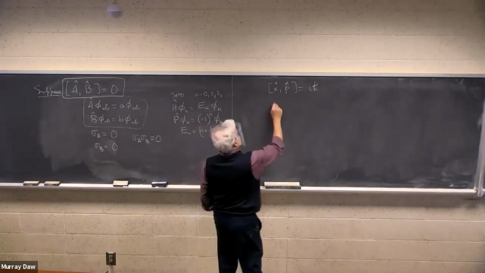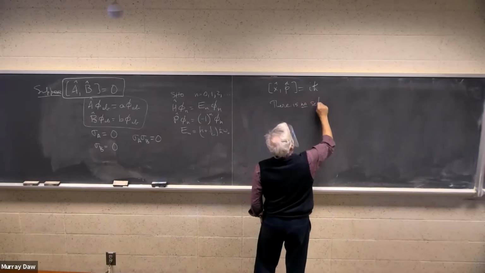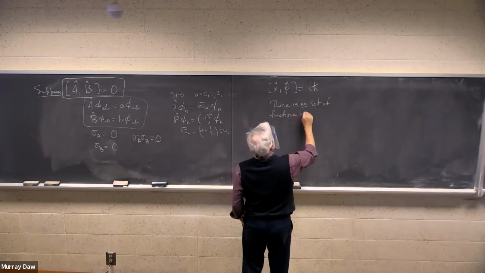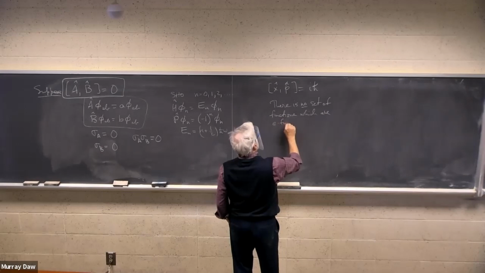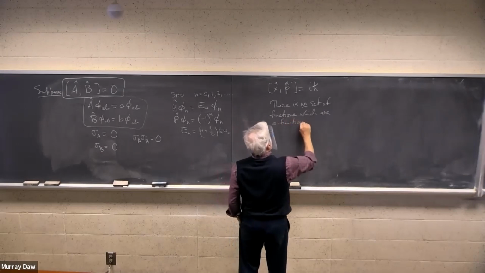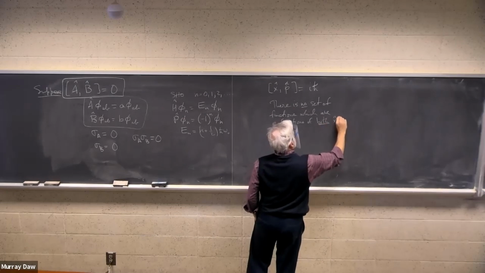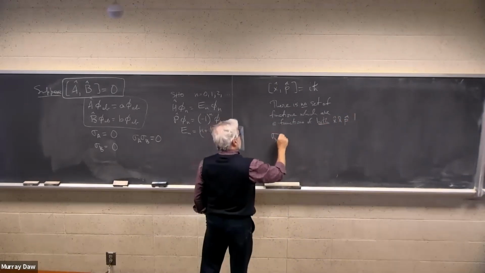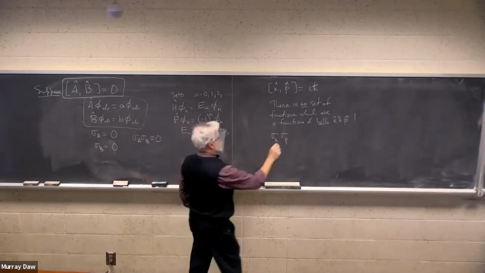There is no set of functions which are eigenfunctions of both. And therefore, the product has a lower bound, which is the Kennard uncertainty.